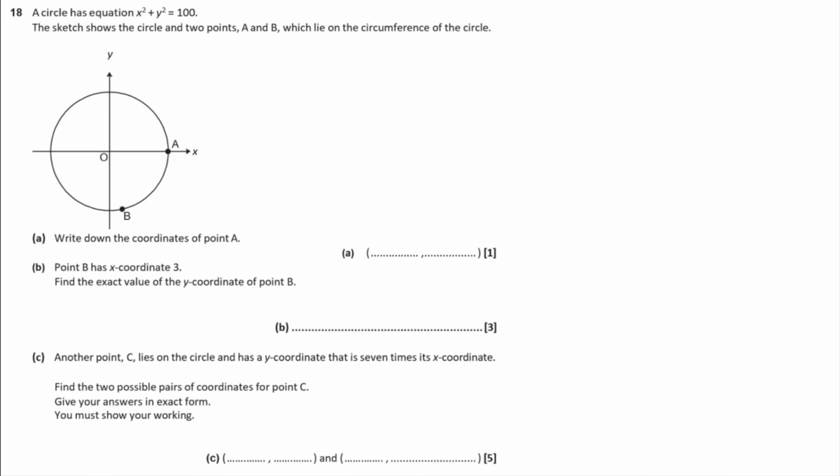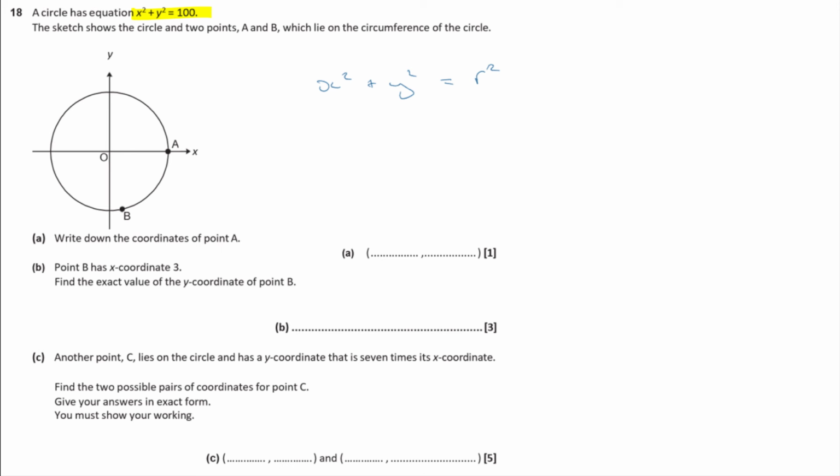Question 18. The circle's equation is x squared plus y squared equals 100. The sketch shows a circle and 2 points A and B which lie on the circumference of the circle. Write down the coordinates of the point A. Okay. Well, we've been given the equation of the circle as x squared plus y squared equals 100. Now, generally, the equation of circles is x squared plus y squared is equal to r squared.